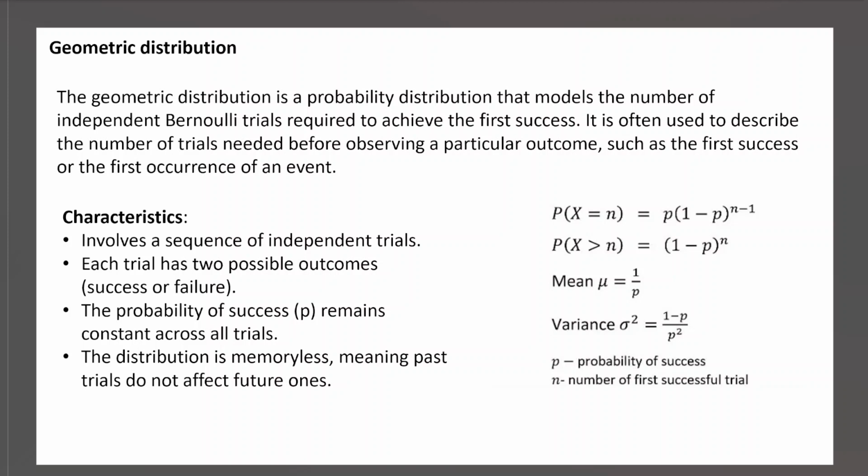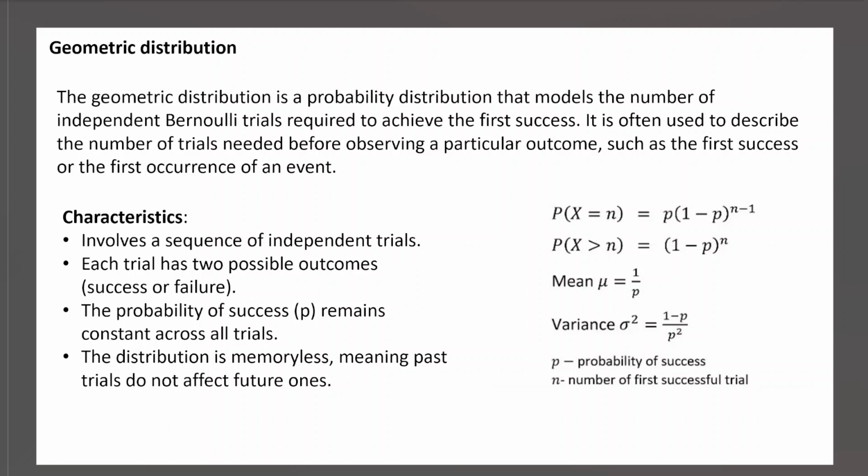Some characteristics of the geometric distribution: it involves a sequence of independent trials. Each trial has two possible outcomes, success or failure, like a Bernoulli trial. The probability of success p remains constant across all trials.